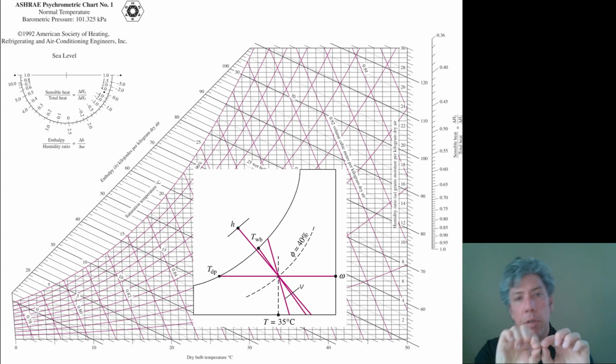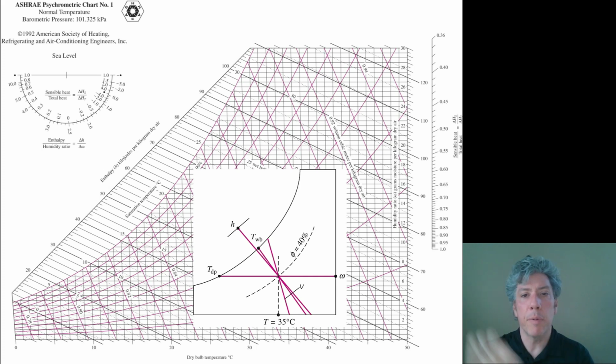And from that point, you can just go off horizontally to the right, read off the absolute humidity, go to the left, read off the dew point temperature, and whatever curved line you happen to fall on, that's the relative humidity. And of course, you can go up the dotted line and read off the enthalpy of the water vapor and air mixture. So this is a very handy chart because you don't have to go through so many equations to find out the properties of the gas at the given state.